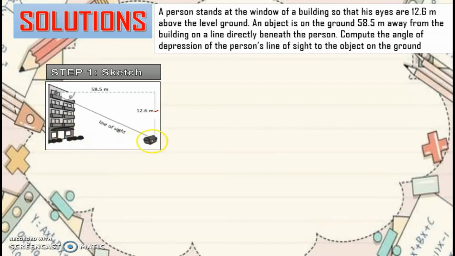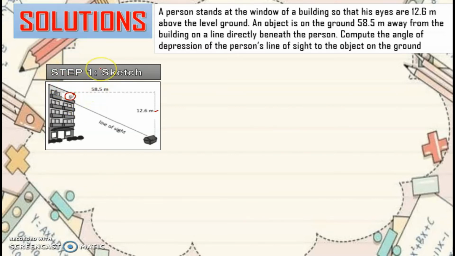So there's an object below the building, and that person is looking at that object, which is 58.5 meters away from the building. So our problem here, class, is to compute the angle of depression of the person's line of sight to the ground.